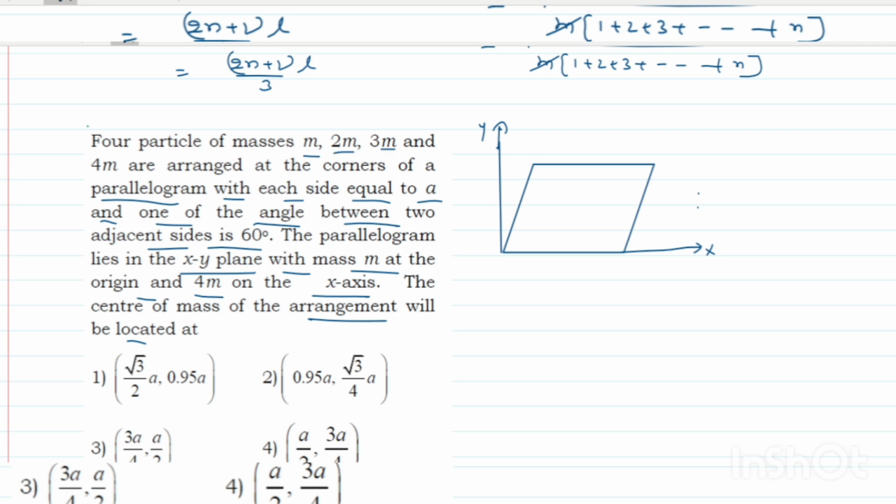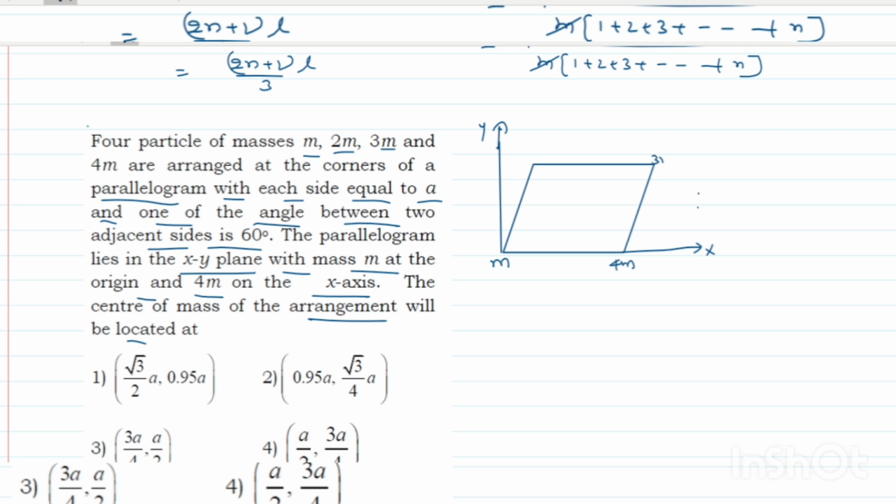So here you can take m, and this will be 2m. In the xy plane, the mass m is at the origin and 4m is lying on the x-axis. And here this is the 4m mass, lying on the x-axis.